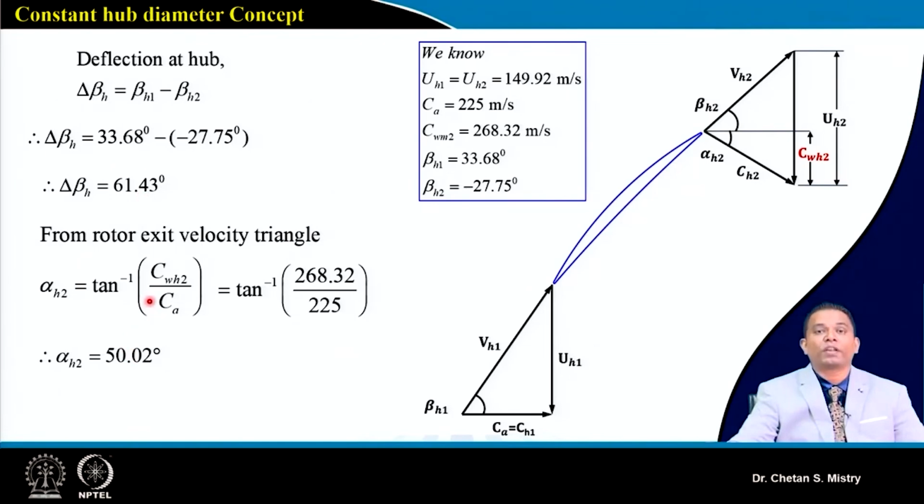Now we can calculate alpha 2 at the hub station, and that's coming 50.02 degrees.